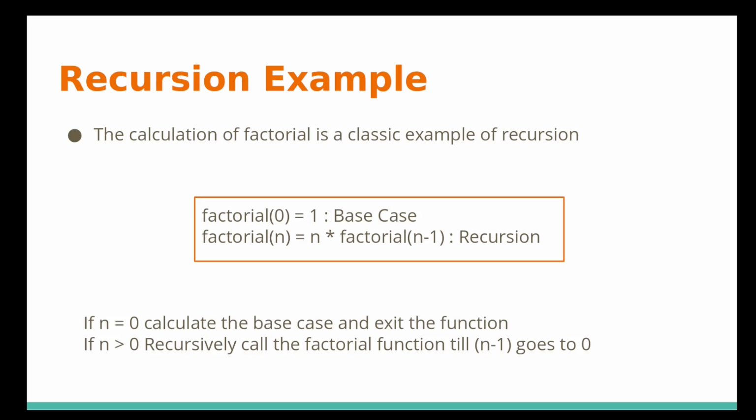Then the factorial of 1 is 1 times the factorial of 0, which is 1. And then the factorial of 2 is 2 times the factorial of 1, which is 1 times 2, and the value will be 2. So if n is equal to 0, we simply calculate the base case and exit the function. If not, we recursively call the function till n minus 1 goes to 0.